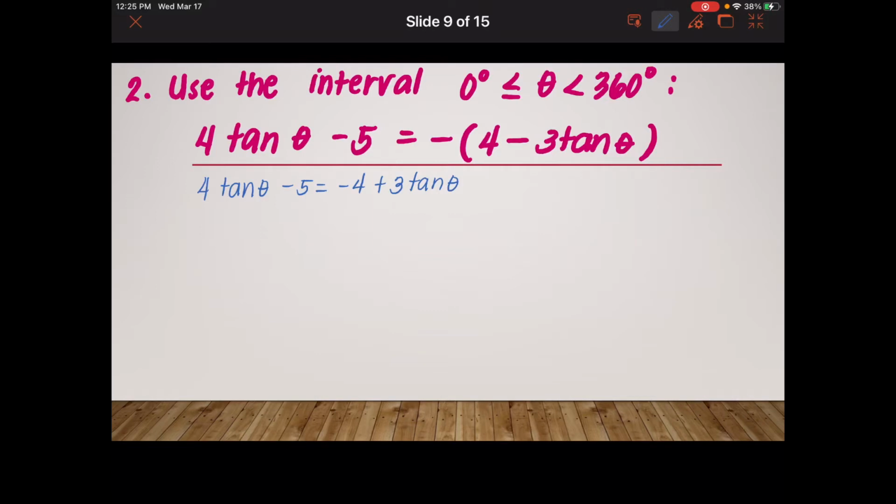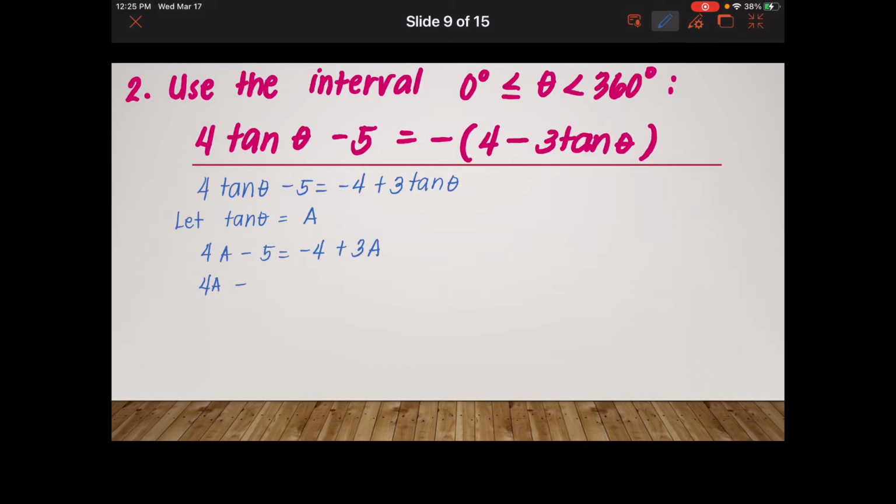So that I don't get confused, we just let tangent theta be equal to variable a. You may use any variable. So you'll have a minus 5 is equal to negative 4 plus 3a. And then you just solve for a.